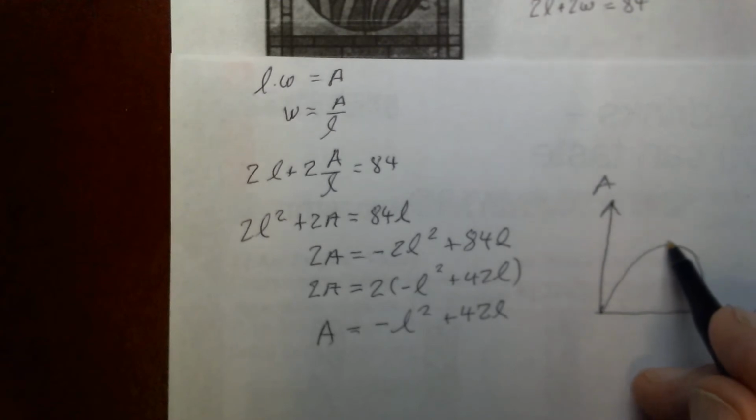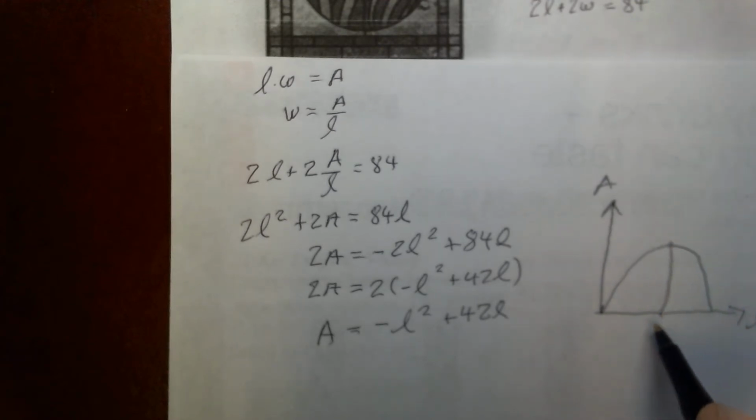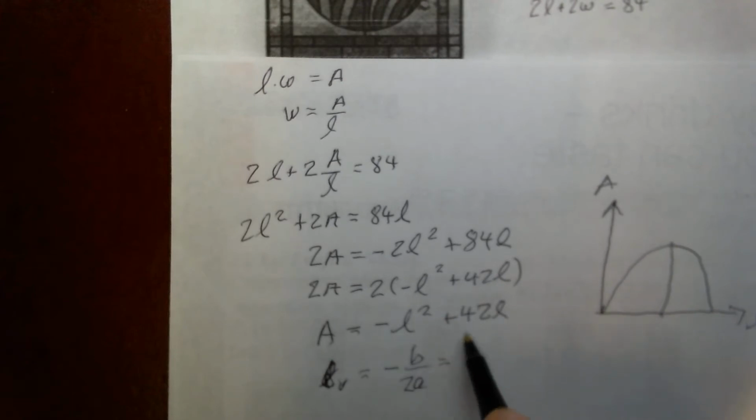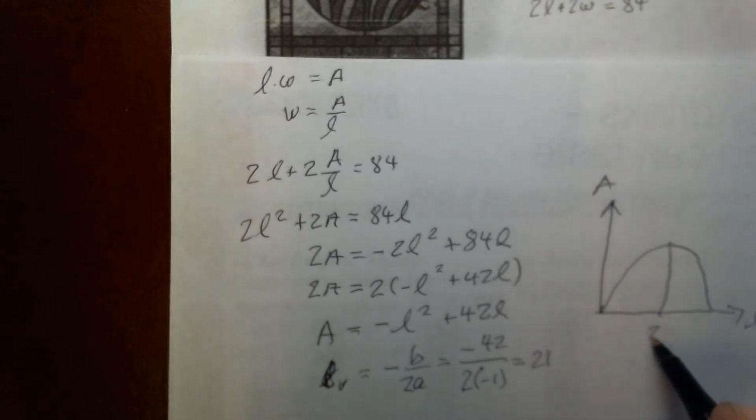And so we are looking for the vertex. We know that the x-coordinate of the vertex, the L-coordinate of the vertex, let's say L sub v, is minus b divided by 2a. That's minus 42 divided by 2 times minus 1, or 21. So here we have 21.